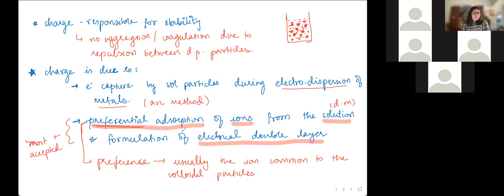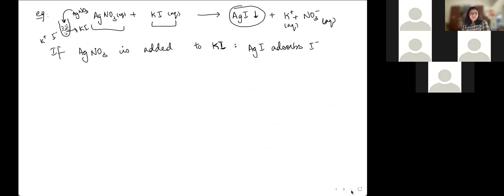The preference is for the ion that is common to the colloidal particles. Applying it to this case, we have AgNO3 plus KI giving AgI precipitate. This is the basic reaction.